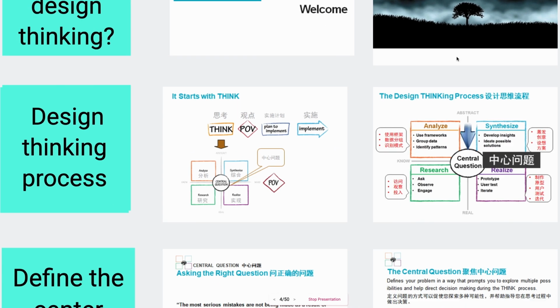From the VUCA word, as the management master Peter Drucker said, the way to forecast our future is to create it by ourselves. So it is very important that we have the design thinking process, and design thinking actually comes from IDEO. The founders of IDEO are Kelly and also Tim Brown.